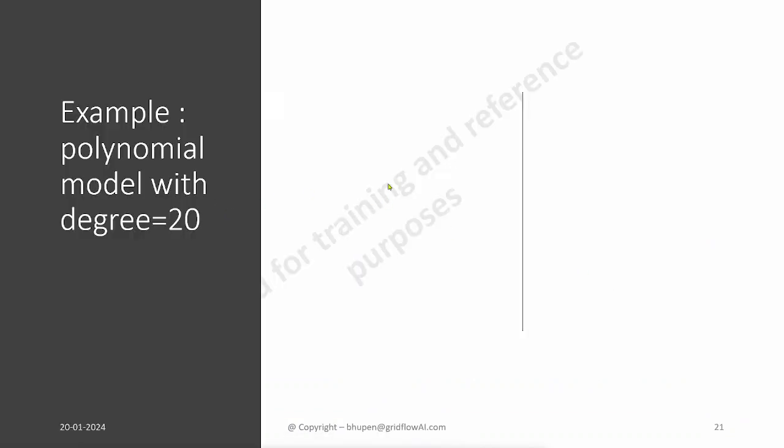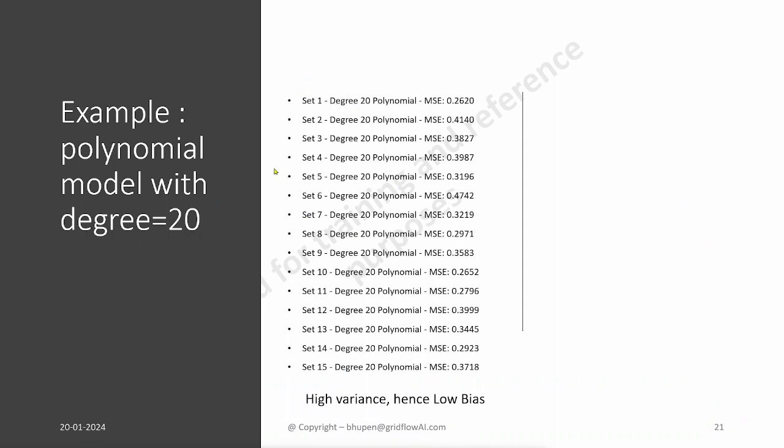So let's look at another example here of polynomial degree 20. And I'm running a lot of test sets like set 1, set 2, set 3, and set 15 here. High variance and low bias model because of the high degree of polynomial. And you notice here how the values are changing with a little change in set 1, set 2, set 3.